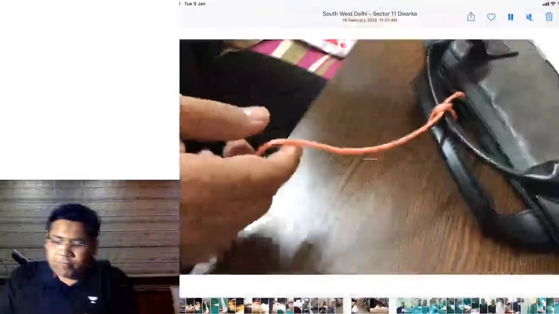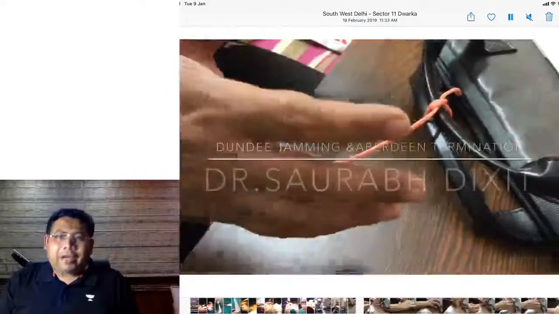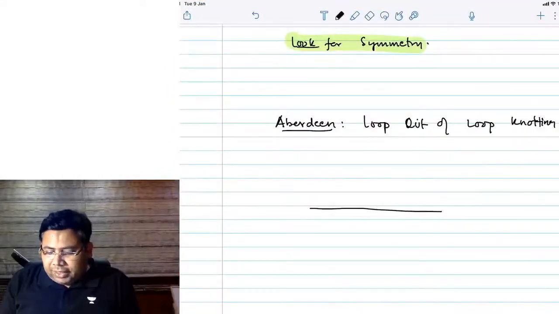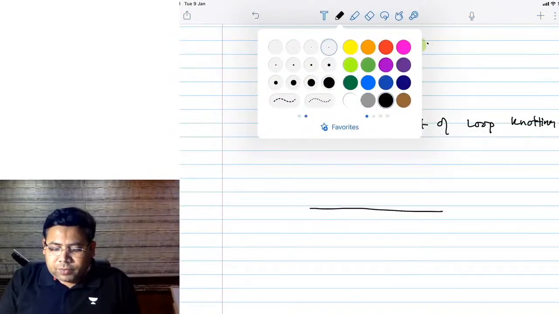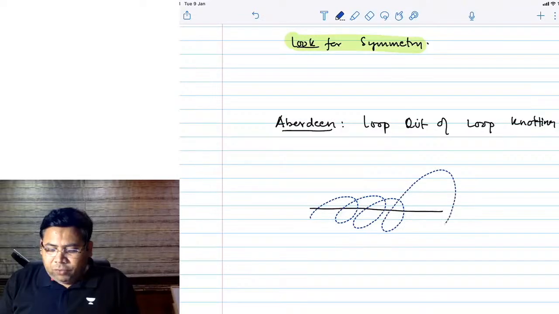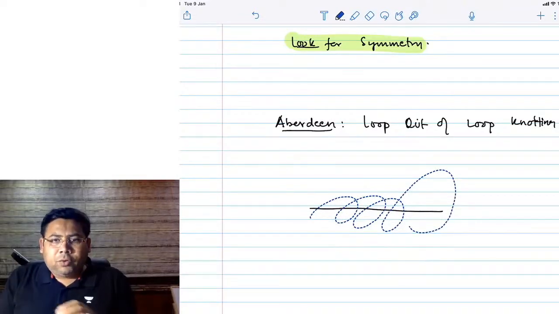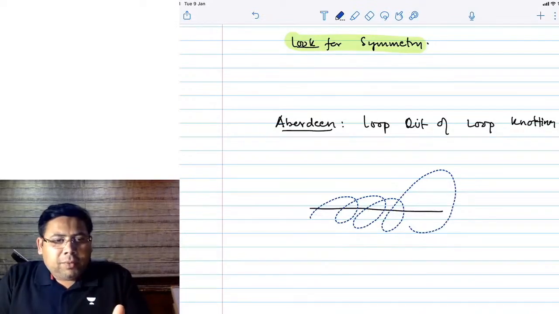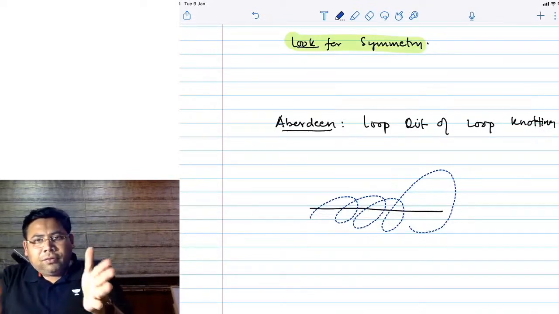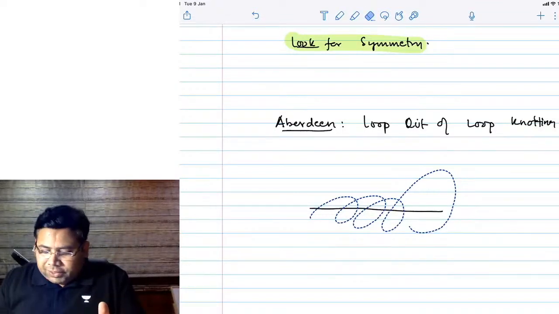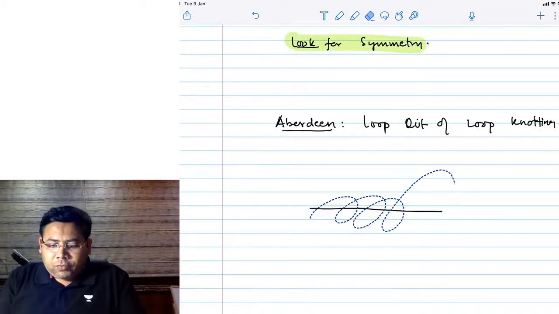Just see, suppose I am tying a continuous knot. Now if I want to terminate it, I don't have a second end. Normally we have two ends to tie a knot. This is a continuous suture with a single end. So what you will do?